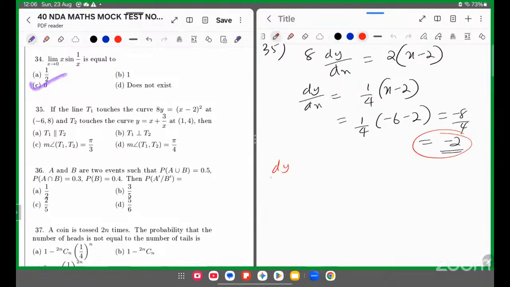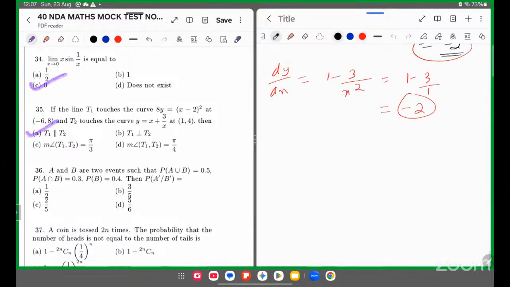Second, dy by dx is equal to 1 minus 3 by x square. So if you put 1 comma 4, 1 minus 3 by 1, it will become minus 2. So slopes are equal. If m1 equal to m2, they are parallel only.